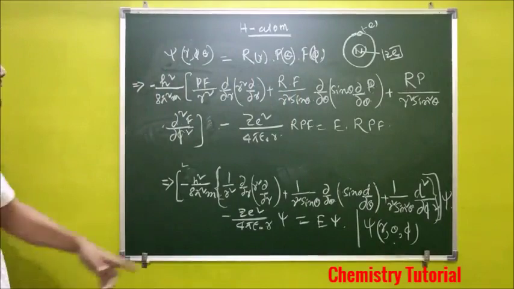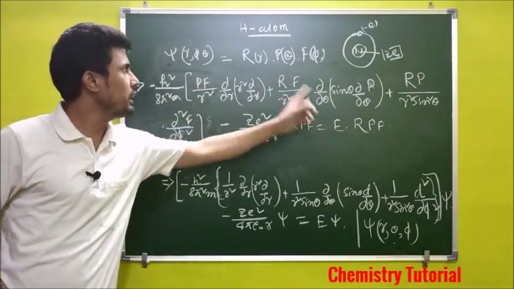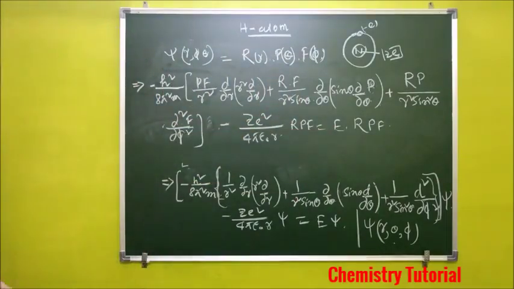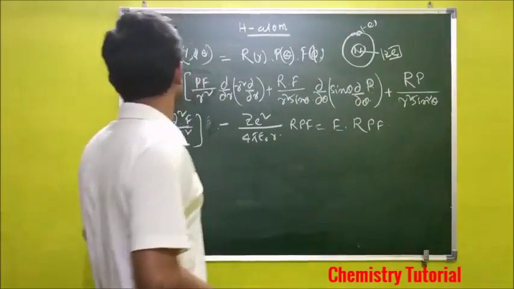If we replace psi by R P F as a product of three functions, R depends on small r, P depends on theta and F depends on phi.